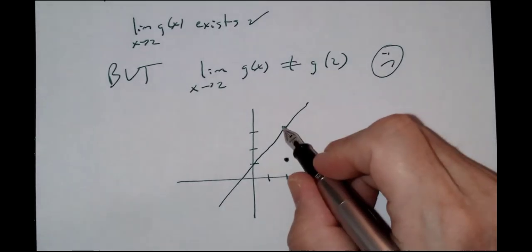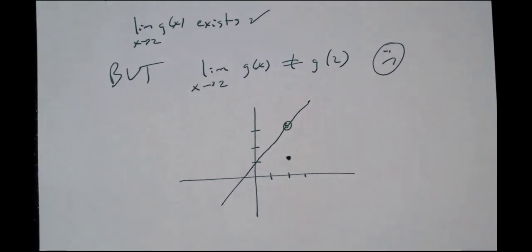That's an open circle. I just drew it too small for you all to see. See my problem? I have a limit, perfectly defined at 3. I have a value, but they don't match up. I tried to plug the hole and I missed.